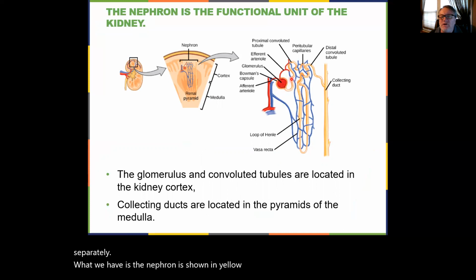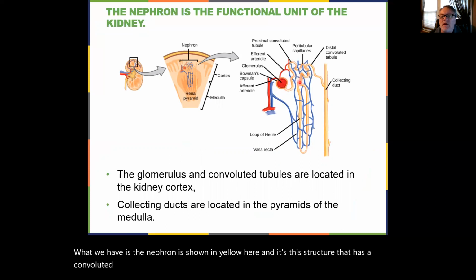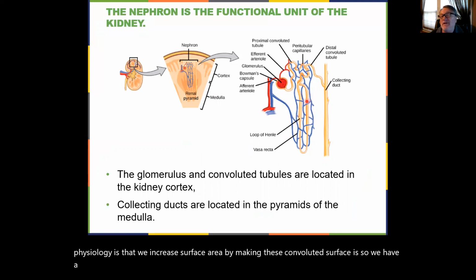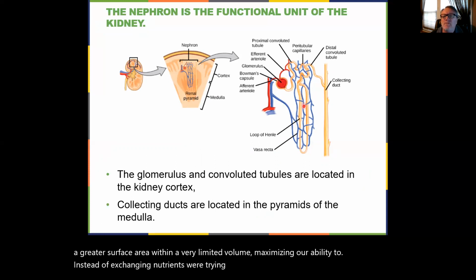And it's this structure that has a convoluted, twisted tube shape, which you may recognize by the general feature of animal physiology is that we increase surface area by making these convoluted surfaces. So we have a greater surface area within a very limited volume, maximizing our ability to, instead of exchanging nutrients, we're trying to exchange waste.